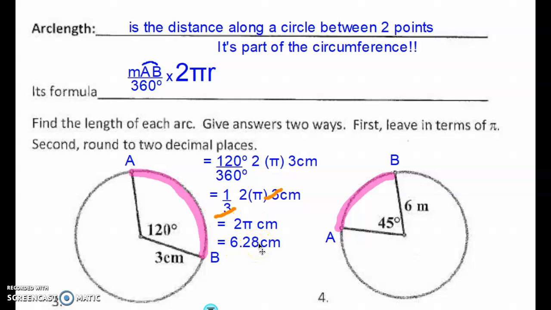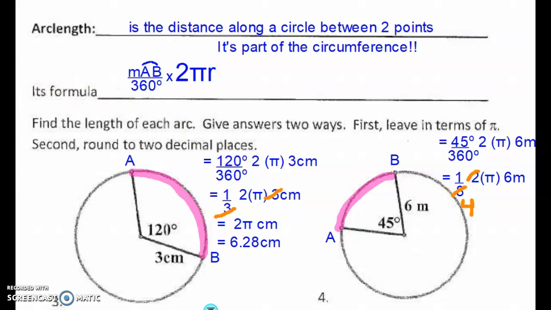There you go. If we look at the next example, example 4, we're going to take 45 over 360. And for both of these problems, it works out really nice. 2 pi r, r is the radius, 6. Notice how that conveniently reduces to 1/8. And if you want, you could take a 2 out here. That would be a 4.